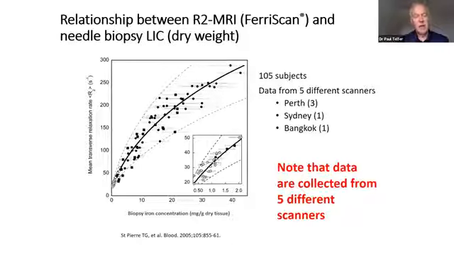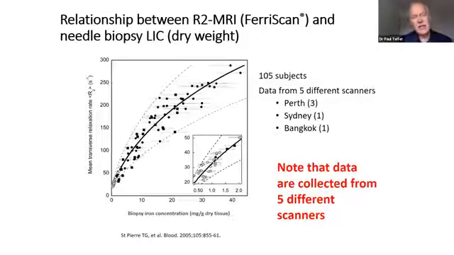Of course, liver biopsy and chemical quantitation has its own problems, and as a result of that, you're not going to be able to have a perfectly satisfactory calibration, because even if you take a biopsy and measure the liver iron biochemical concentration, this depends on where you're sampling within the liver, and on the methodology of the laboratory method for chemical analysis.